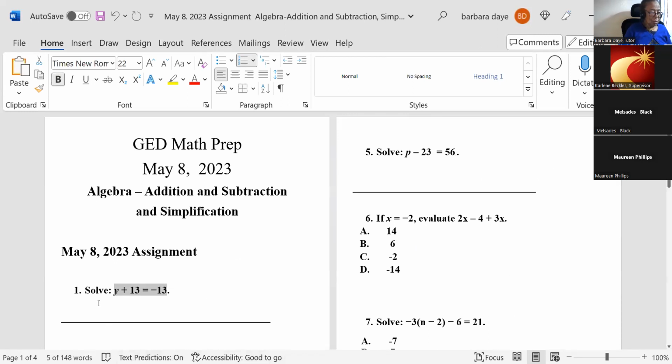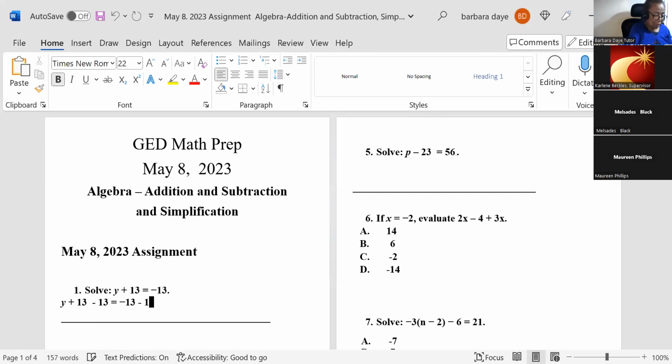Okay, so let's just put that there. Now, subtract 13 from both sides. So minus 13 on the left and minus 13 on the right.